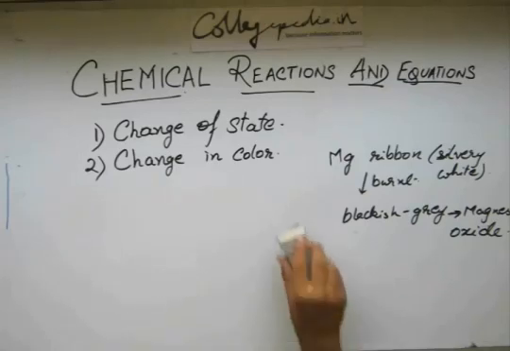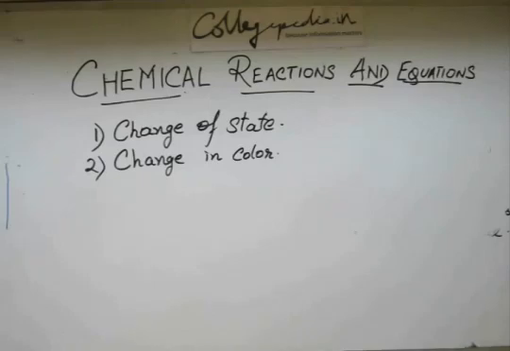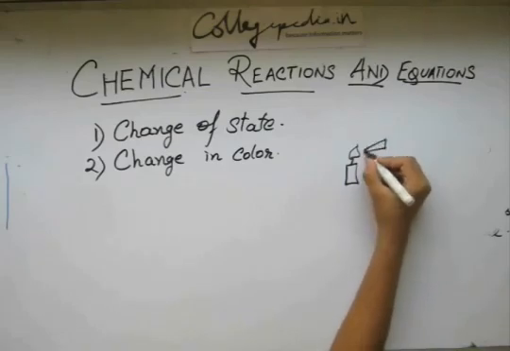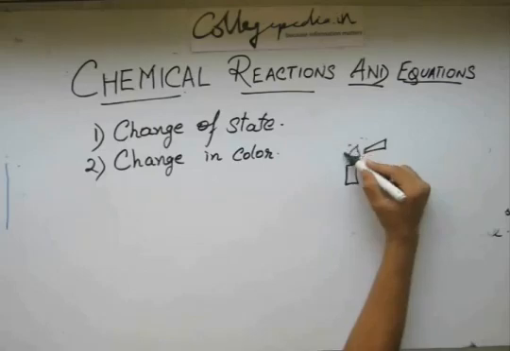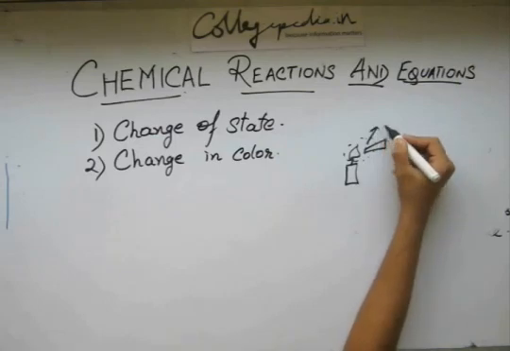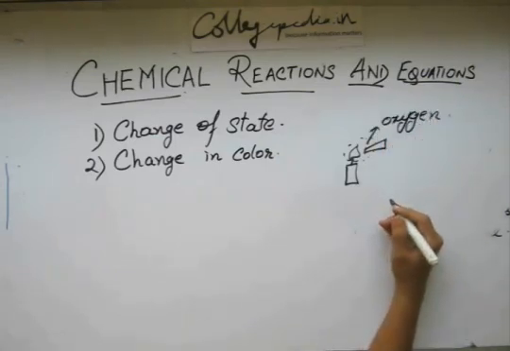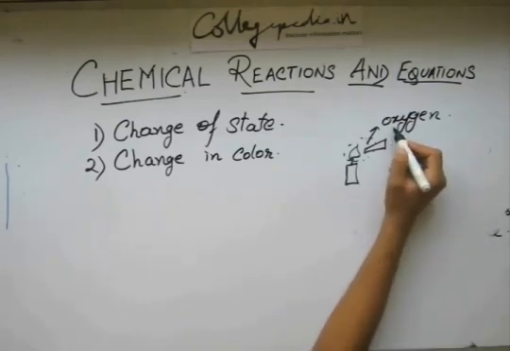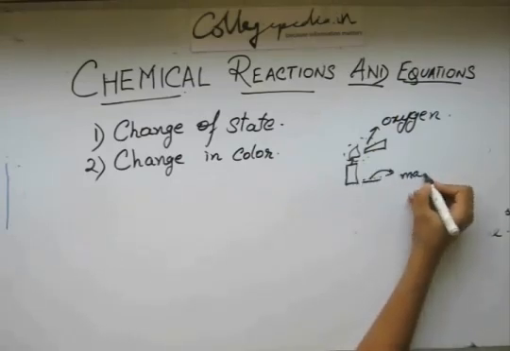Because what happens is that this magnesium ribbon, when you burn it, suppose you have a candle and you burn this magnesium ribbon, then this burning takes place in the presence of oxygen. And this magnesium reacts with this oxygen, and the residue which you get is nothing but magnesium oxide.